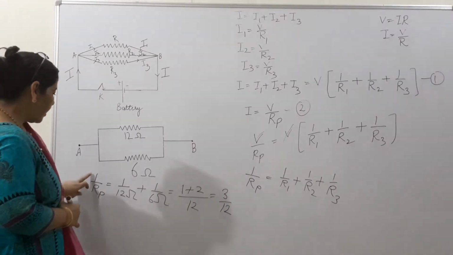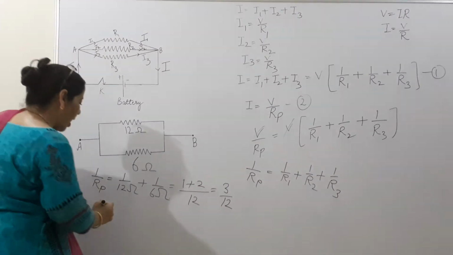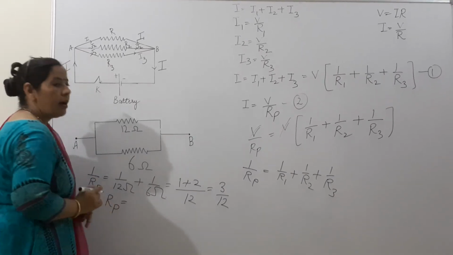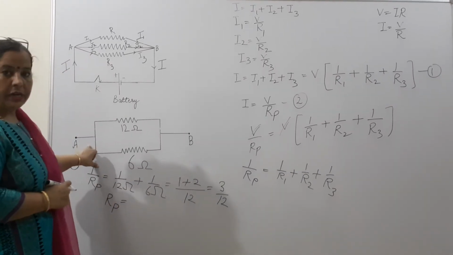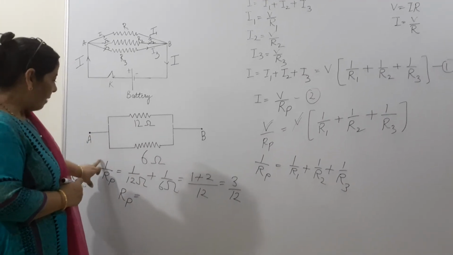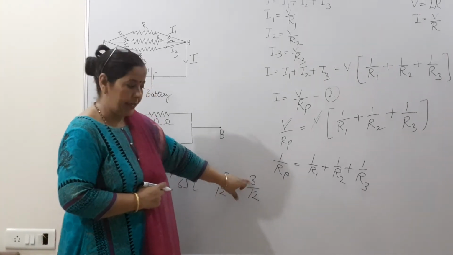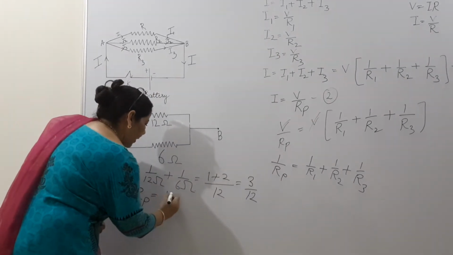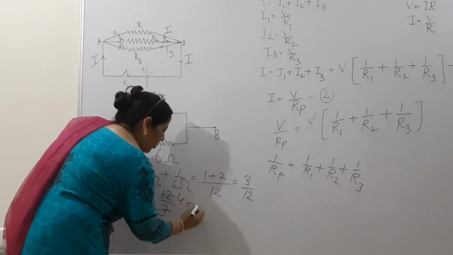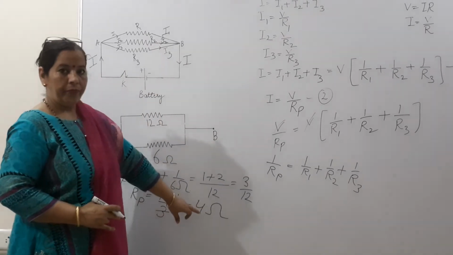This is 1 by Rp, but we have to find the value of Rp, the effective resistance, the net result of the circuit. So we have to reciprocate it: 12 divided by 3, and your answer will be 4 ohm.